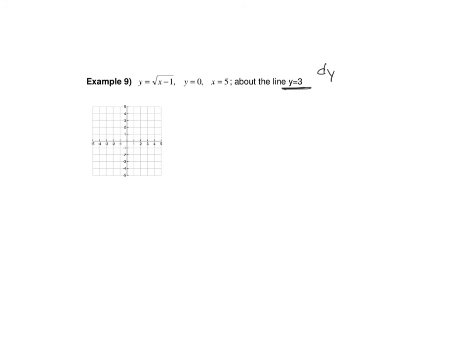All right, and now along the line y equals 3, so this is a different style here. So let's highlight our axis of revolution. We're going to want everything to be x equals, so we have x equals 5. Okay, we'll draw that guy in. y equals 0, we'll draw that guy in. If we solve for x here, I'm going to have y squared plus 1 is equal to x.